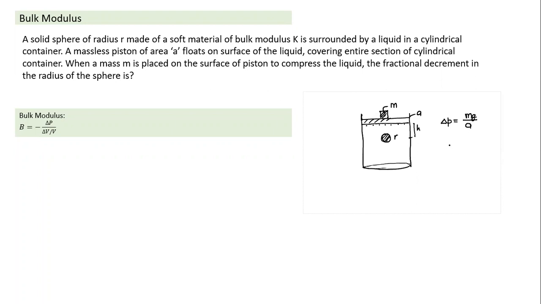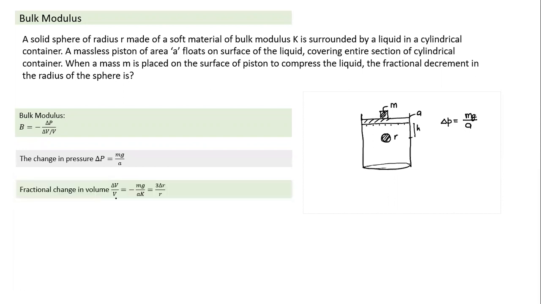So if I have the increase in pressure, we can calculate the fractional change in volume. The pressure change is mg by A. Fractional change in volume, delta V by V, from this equation, is equal to change in pressure divided by K. So this is mg by AK. That becomes the fractional change in volume. But volume is related to radius: 4 by 3 pi r cube. And whenever quantities are related, small changes are also related.